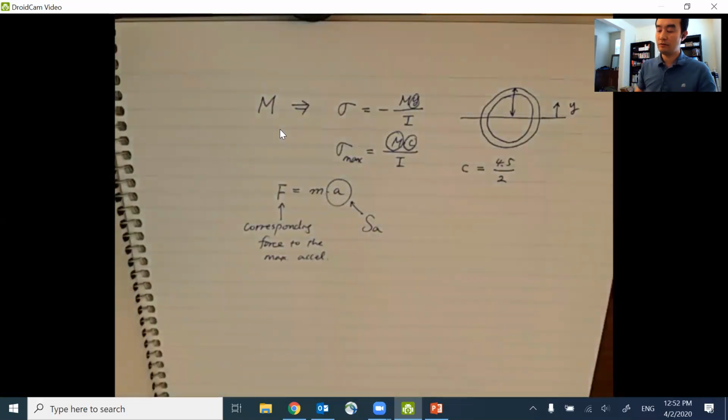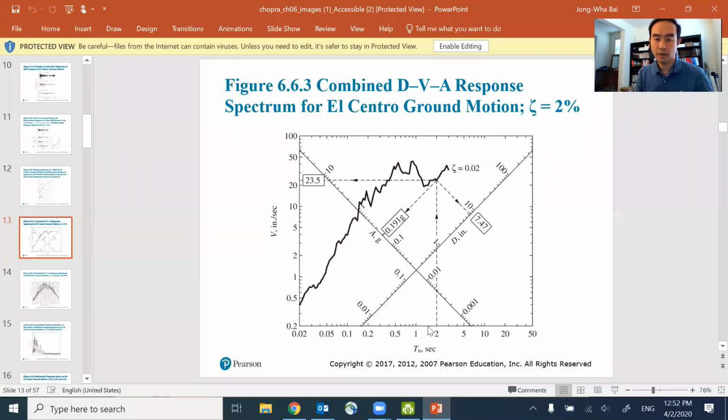So let me go back to the response spectrum again. So here we had, let me go back. So here was a 1.58, I'm at 1.59 second, and this is the corresponding value intersecting with this T. Now, when you read this way, then you can have the corresponding value of the spectral acceleration, which is around 0.2.